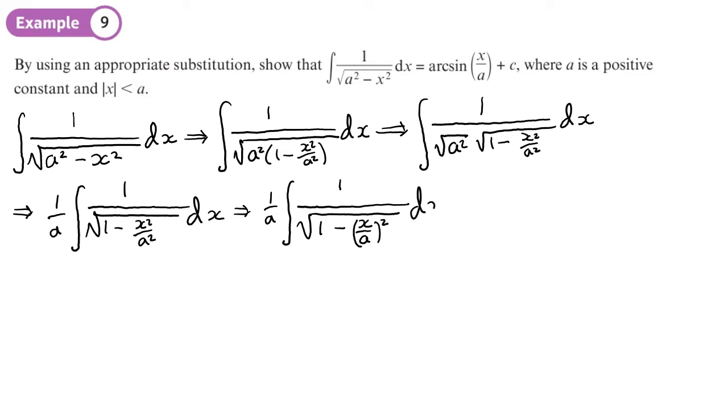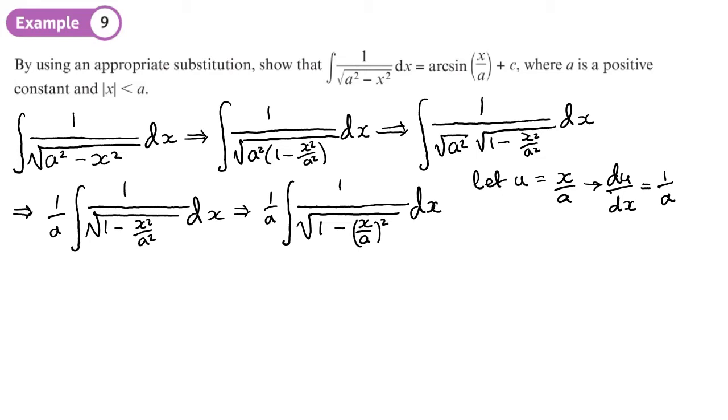So there can be no doubt about the substitution there. We'll let u equal x over a. That means we'll want du dx, which will just leave us with 1 over a, the coefficient of x.